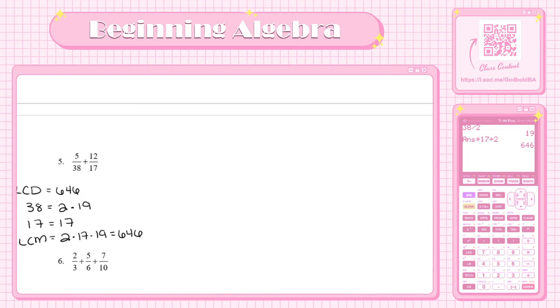Oh gosh, that's a big one. Okay, so let's just take it one step at a time. I need to do 5 over 38 and multiply the top and bottom by something, plus 12 over 17 and multiply the top and bottom by something so that they both have a 646 denominator.